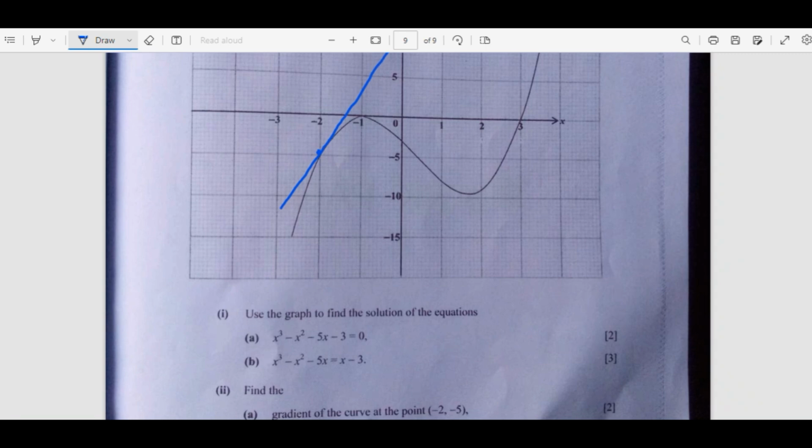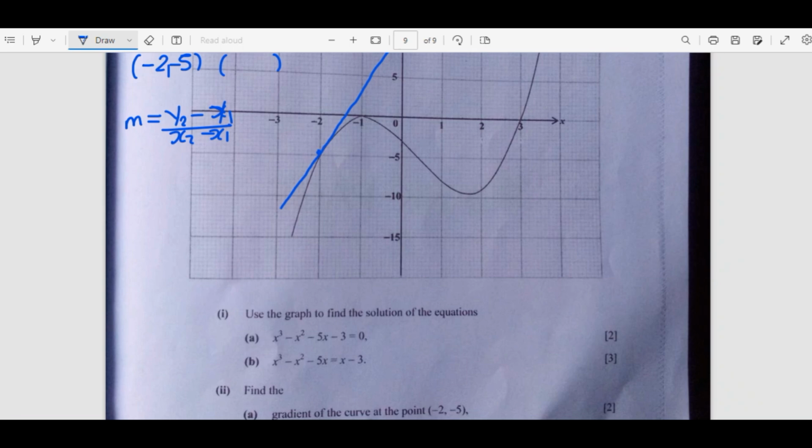Now, after we have drawn it, we know that the formula for gradient is y2 minus y1 divided by x2 minus x1. Now, we only have one pair, which is negative 2, negative 5. So we need another pair. Where can we find the other pair?